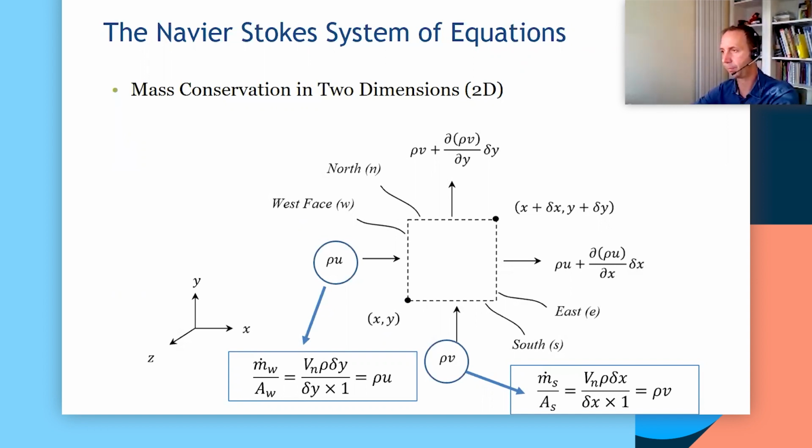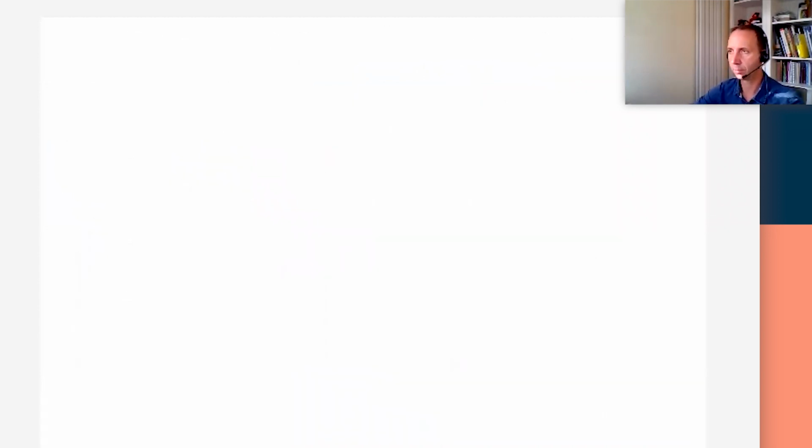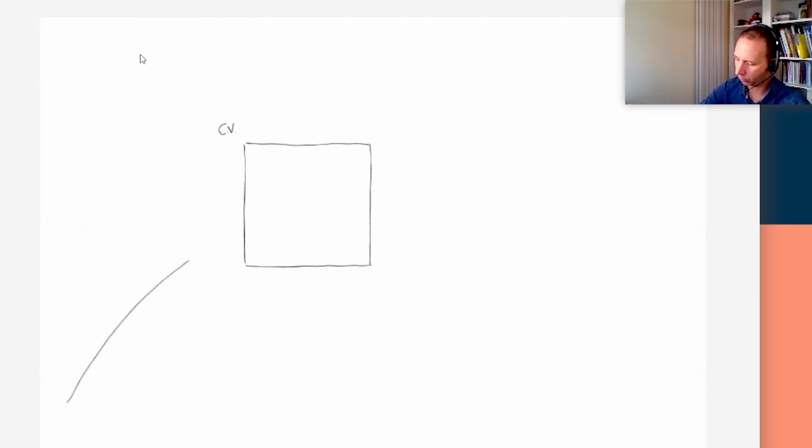Okay, so we have our control volume in 2D. We have the volume itself, and we've got fluid coming in from the bottom left, let's say.